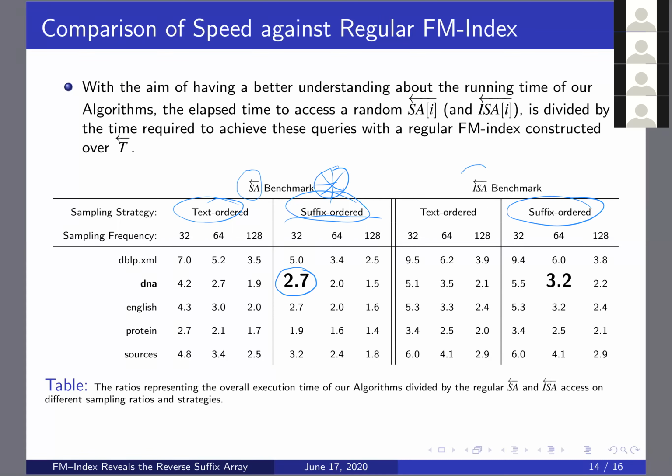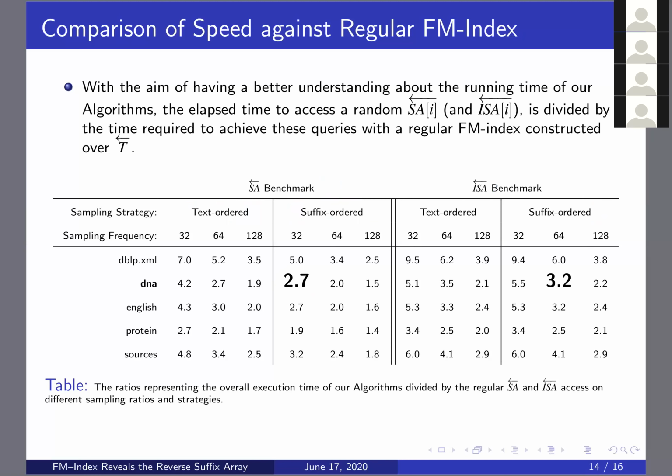On the inverse suffix array, the default parameter in SDSL is 64, and now we are 3.2 times slower. On average, looking at the other results, we can roughly say that we are 2 to 3 times slower than a regular FM index access with some sampling strategy.